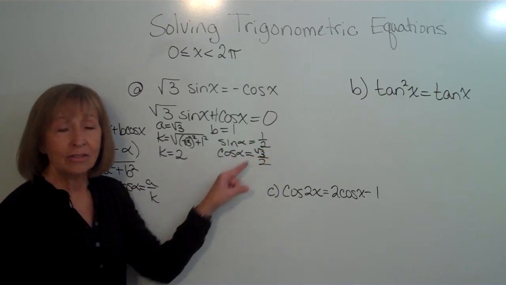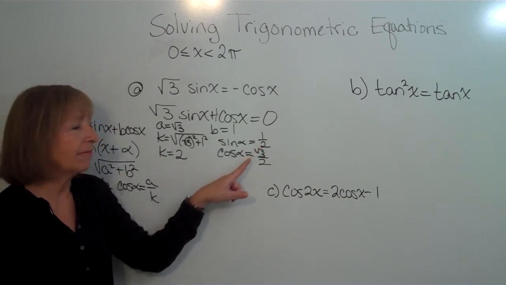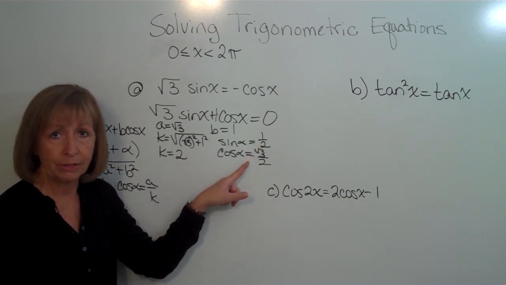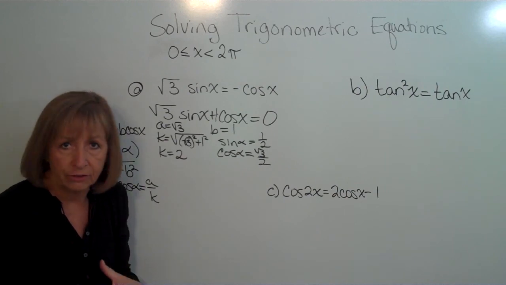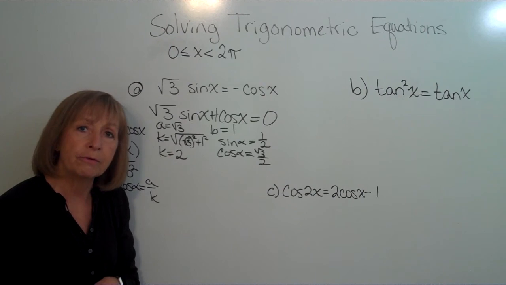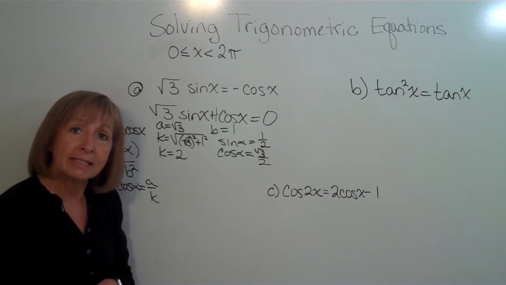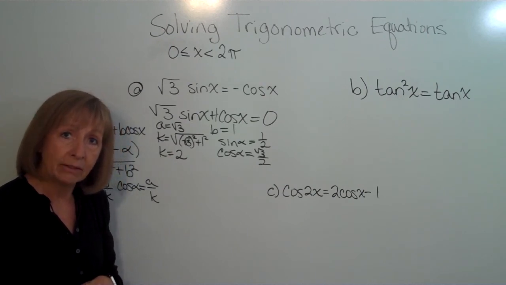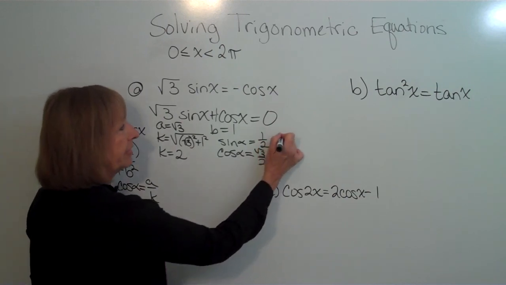So the angle that has a sine ratio of 1/2 and a cosine ratio of the square root of 3 over 2, so think backwards on your unit circle, the angle that has a cosine ratio of the positive square root of 3 over 2 and a sine ratio of positive 1/2 is a quadrant 1 angle, and it's actually pi over 6.